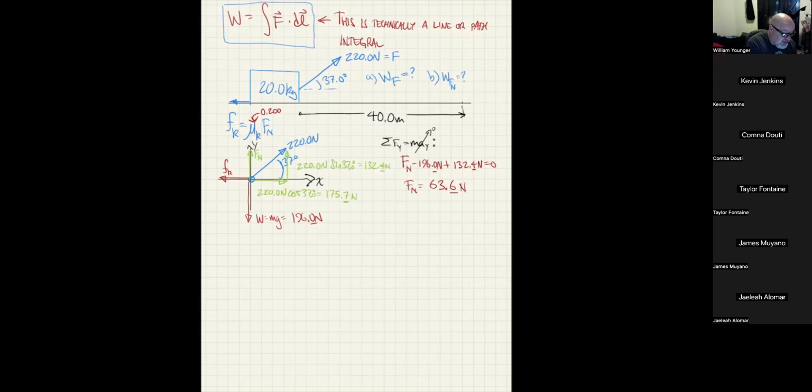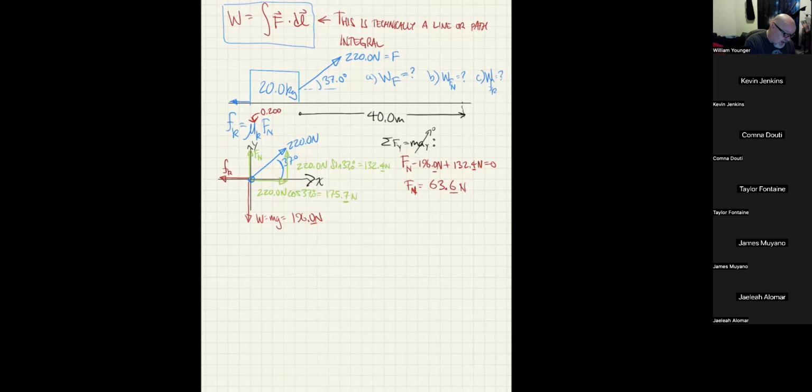And finally, I'd like to know what is the work done by friction. So that's what I'm trying to solve here. Okay. In order for me to get the friction force, I had to have the normal force, which is why I had to do a free body diagram and all that good stuff. Otherwise, we could often get away with no vectors. That's sort of the point of the work and energy idea.